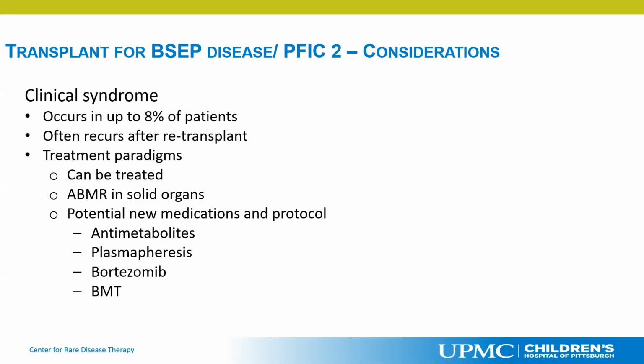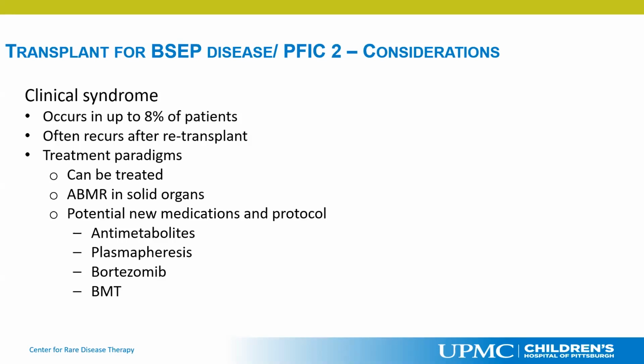Bortezomib is a drug that has been used quite frequently in intestinal transplant and renal transplant. Bortezomib is a proteasome inhibitor. The cells that make antibody are called plasma cells. Bortezomib was initially used in a type of cancer called multiple myeloma, which is a cancer of the plasma cells.